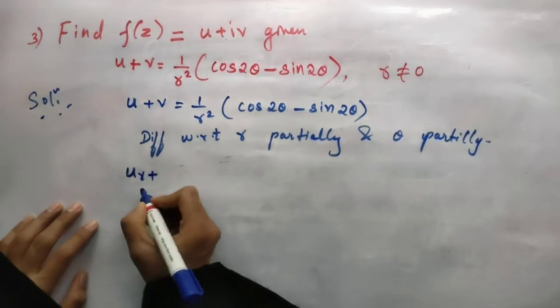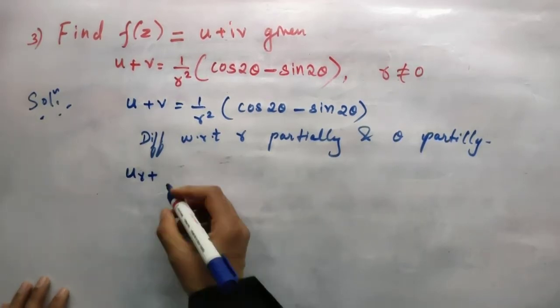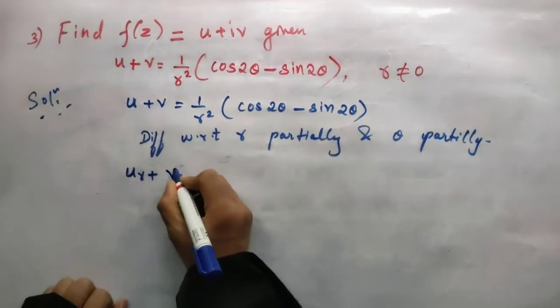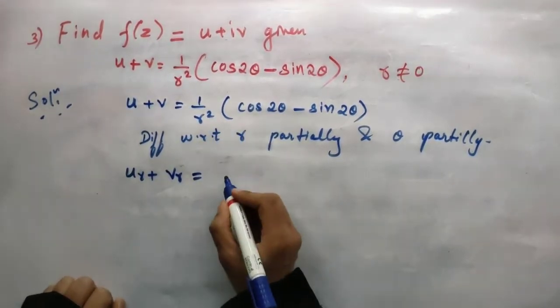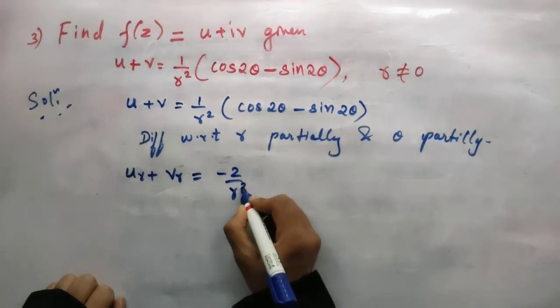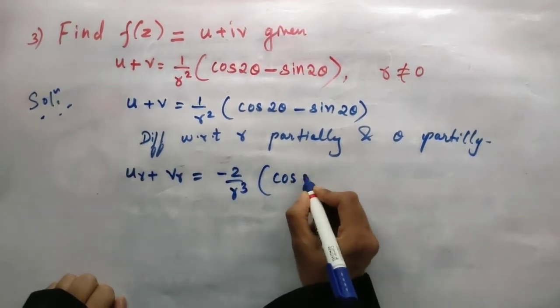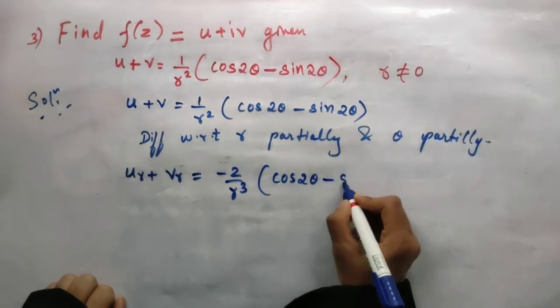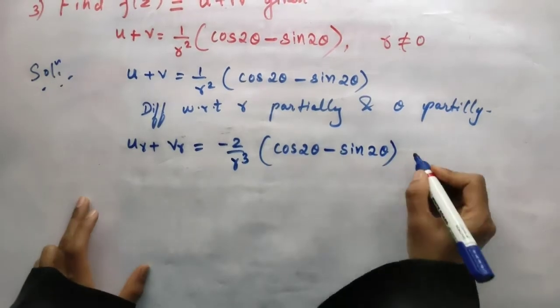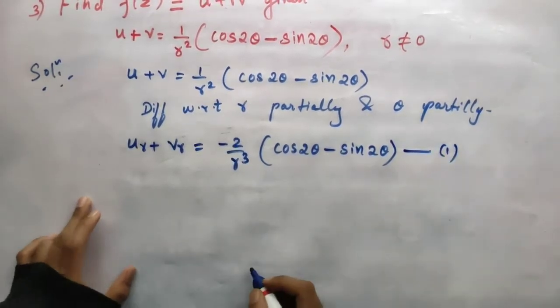It will be u suffix r, I'll write in short u_r, plus v_r, is equal to the derivative of 1 by r square, which will be minus 2 by r cube. The bracket term does not contain any r, so rewrite the bracket as it is. Call this equation 1.